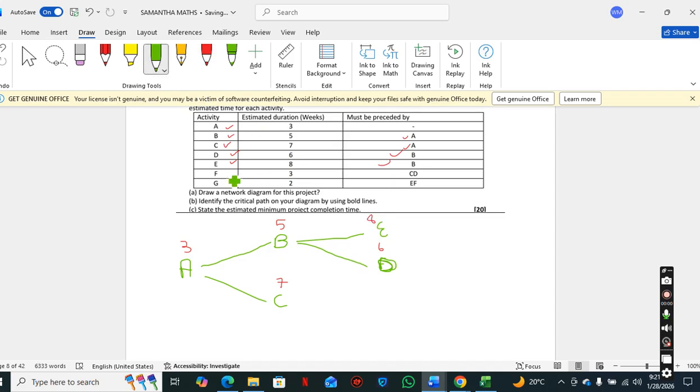Then we're now focusing on activity F, which is preceded by C and D. So activity F is coming after activity C and D. Activity F, the duration is 3 weeks.